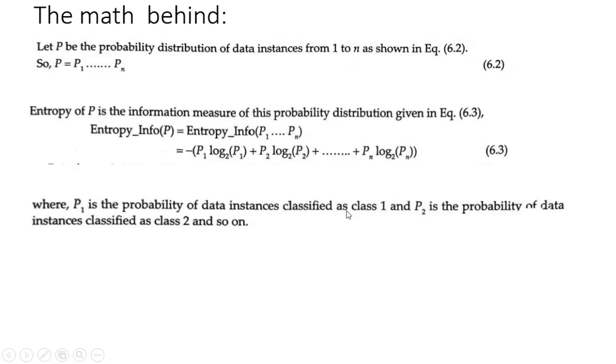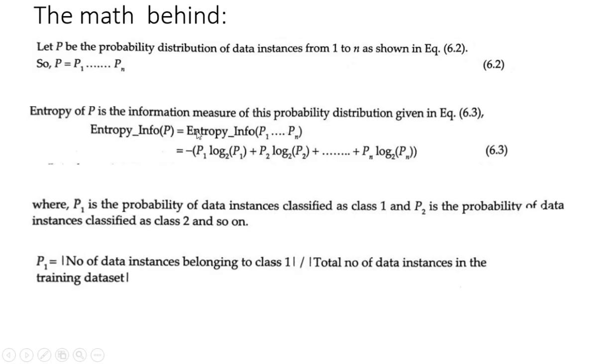P1 is the probability of a data instance belonging to class 1, P2 is the probability of a data instance belonging to class 2 and so on. So how do you calculate P1? P1 is calculated as the number of data instances belonging to class 1 divided by the total number of data instances in the training data set.